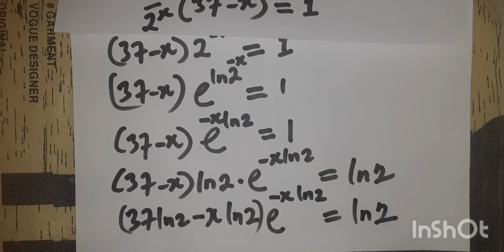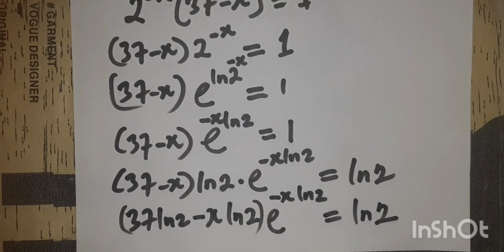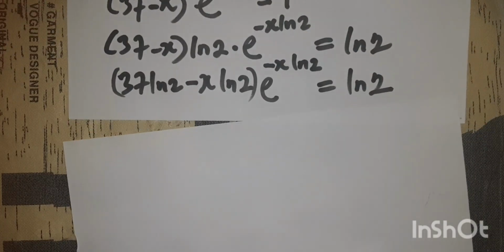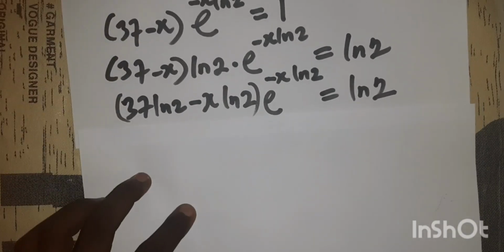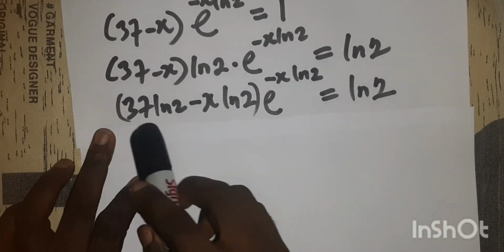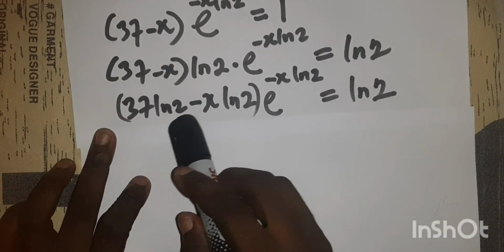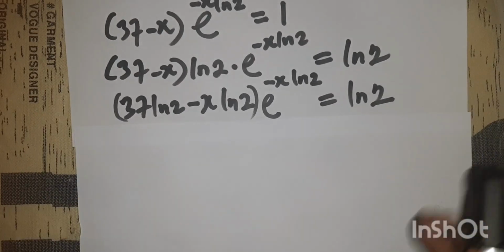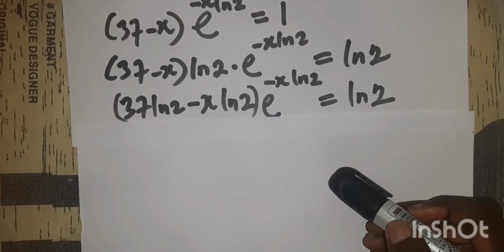Then going further, the main issue here now is trying to make the power for e to be the same as what I have here, 37 ln of 2 minus x ln of 2. That's the issue now.